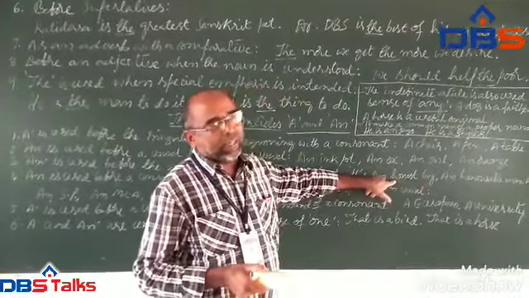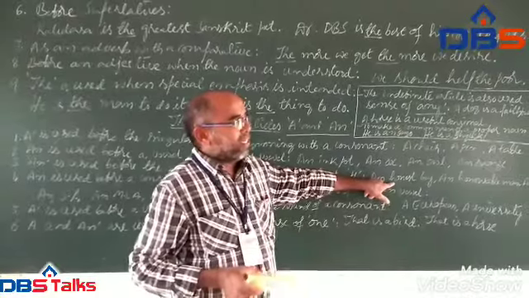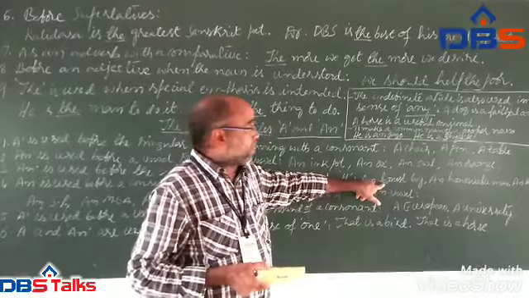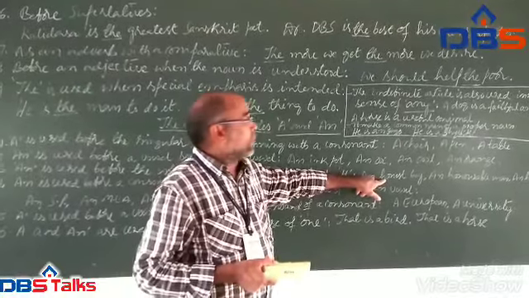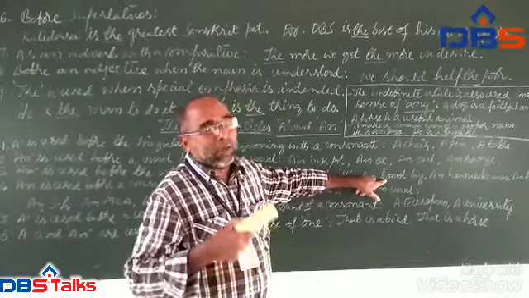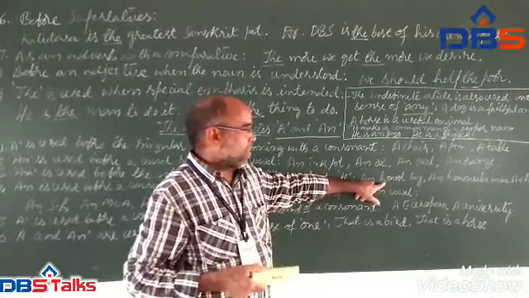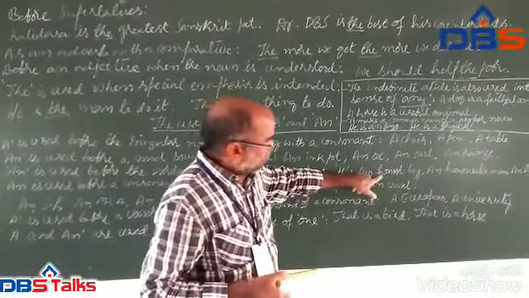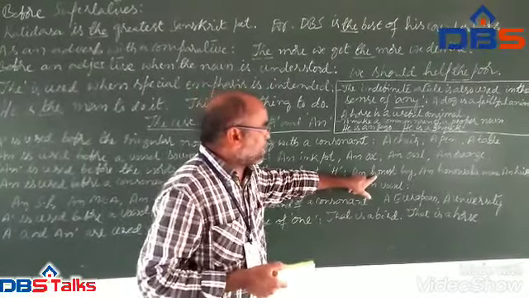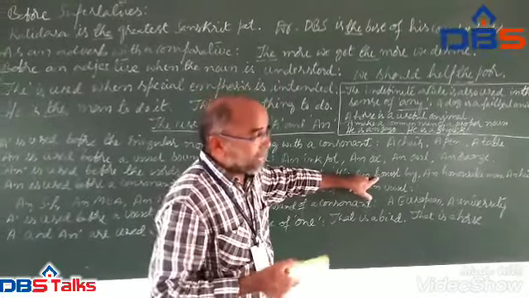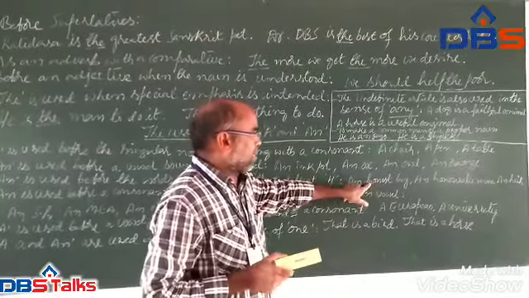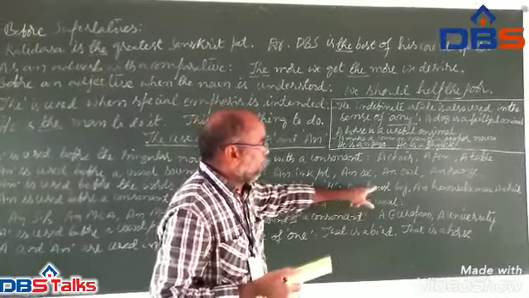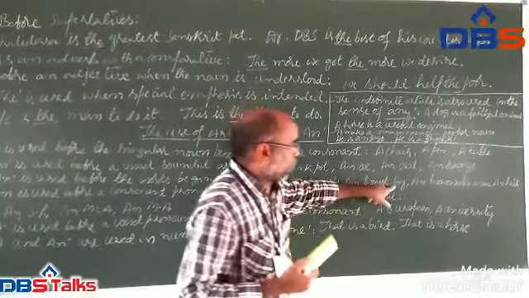Generally, this word honest begins with H, but even though it begins with H, here the vowel sound is pronounced. You can observe the vowel sound. Here H is silent. So what is the sound which we observe here? Vowel sound. An honest boy.